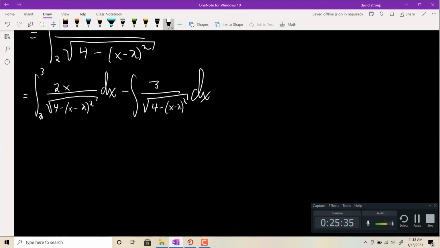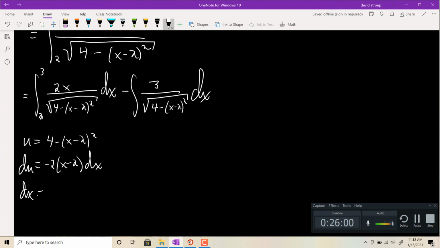Okay. So on the first integral, I'm going to do a u sub for 4 minus (x minus 2) squared. Believe it or not. So du, the derivative of 4 is 0, and then the derivative I have to do a power rule. So negative 2 times (x minus 2) dx. And then I can divide both sides.